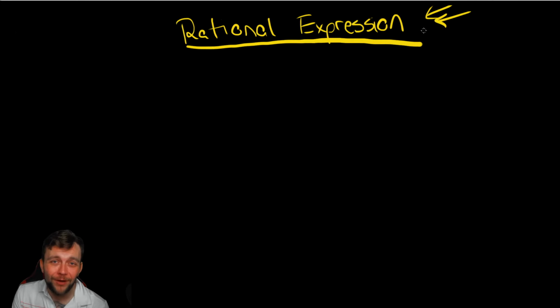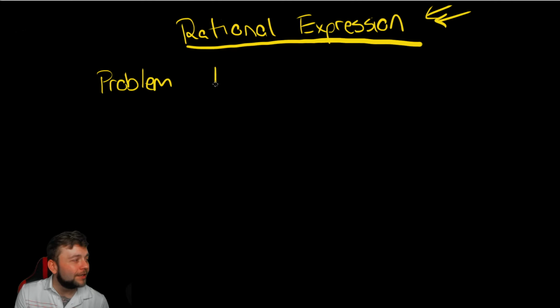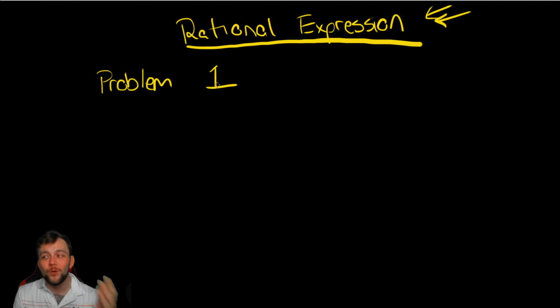Before we talk about rational expressions, let me show you why they can look so ugly. And it's all because the prime suspect, the main problem, is the number 1. And you might be thinking, that's weird, Paul. It's just the number 1. But the main problem, it is the number 1.